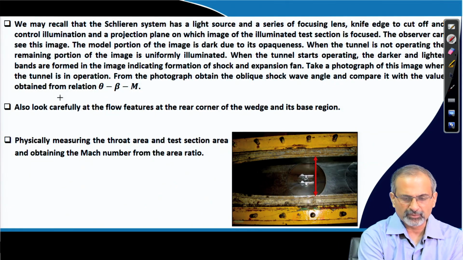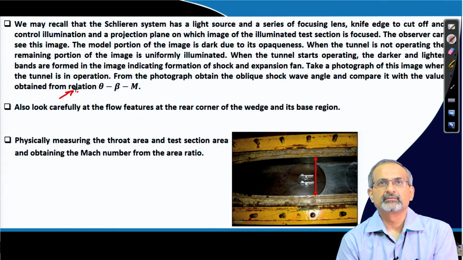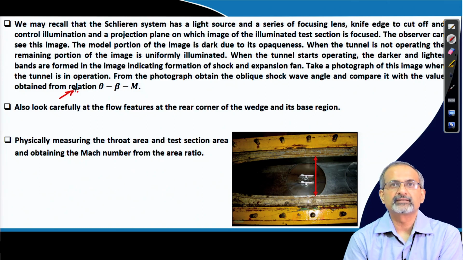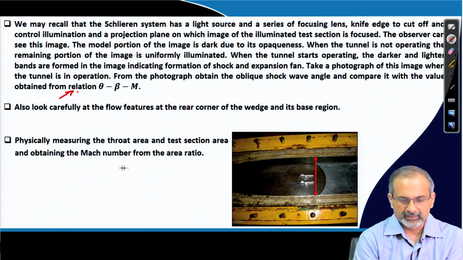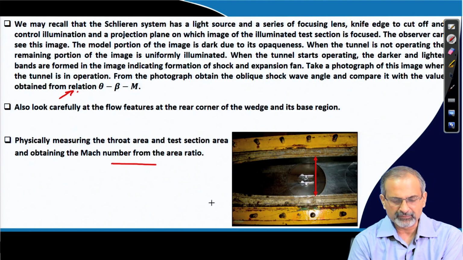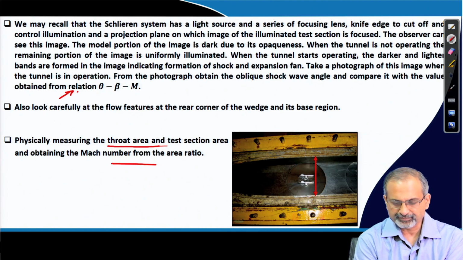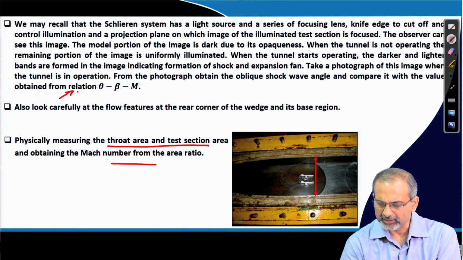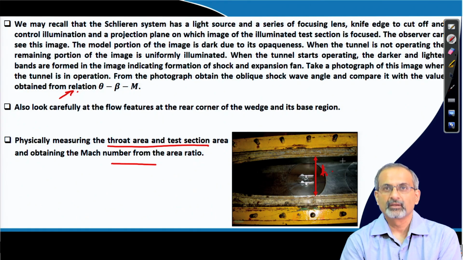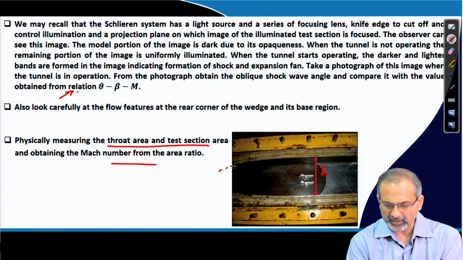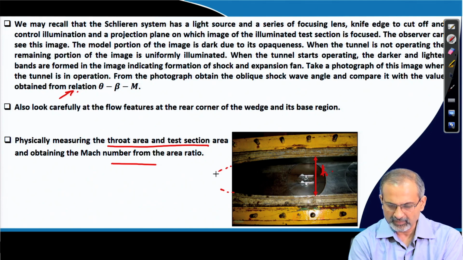So, we already talked about the theta-beta-M process, by means of which you can obtain the test section Mach number. And there is one more technique that you can finally think about: you can measure the height of the test section, and then if you move further upstream, you know that you will encounter the throat. That is where the liners become very close to each other.